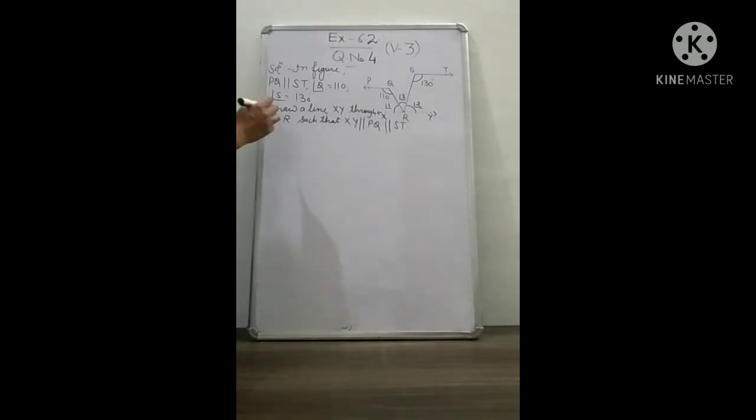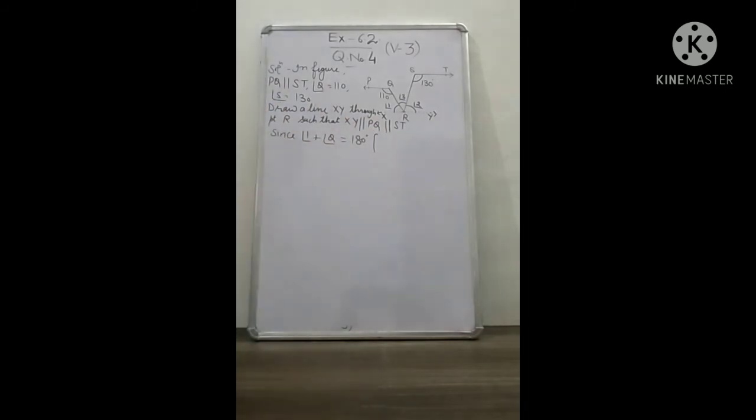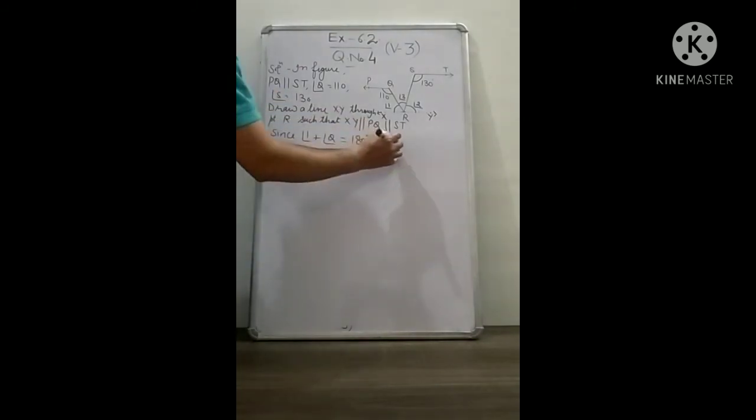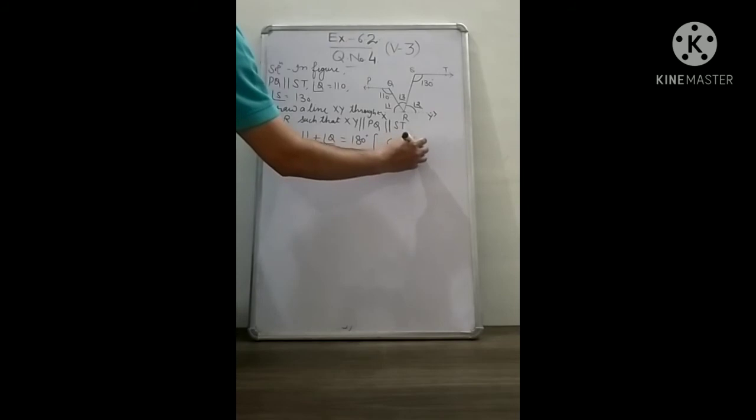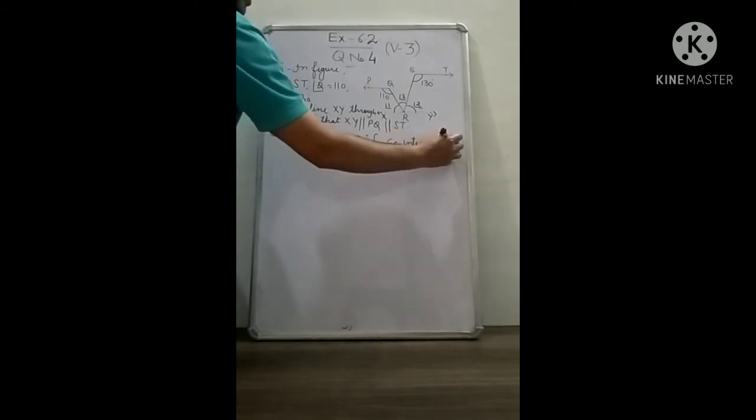So you write: since angle 1 plus angle Q is equal to 180 degree, because the sum of co-interior angles is always 180 degree. You will mention the reason: they are co-interior angles.